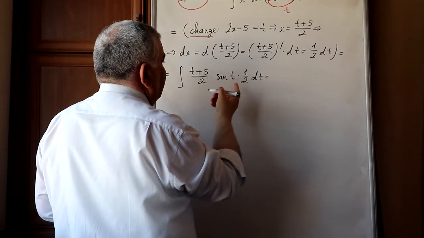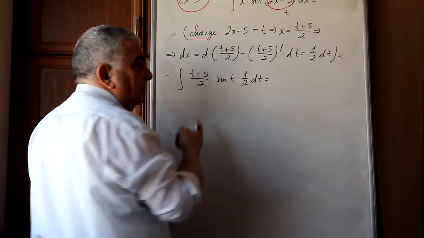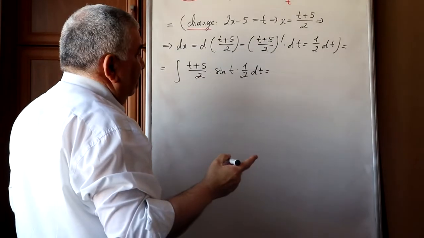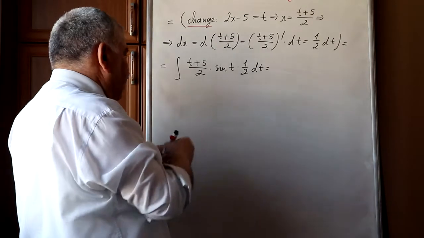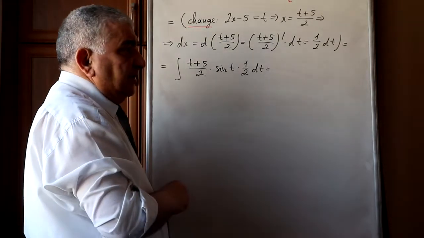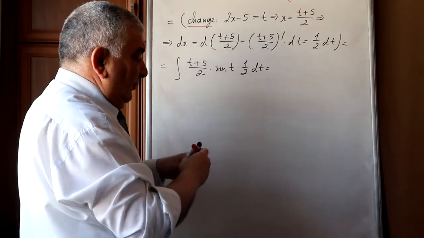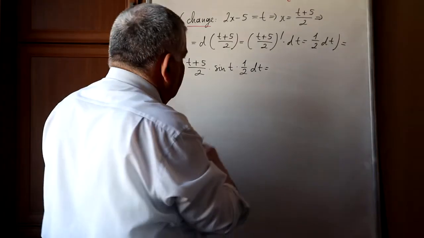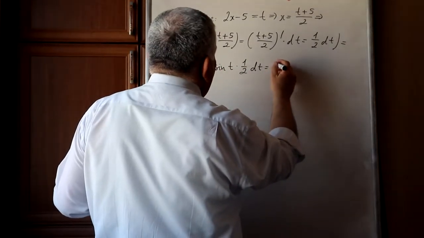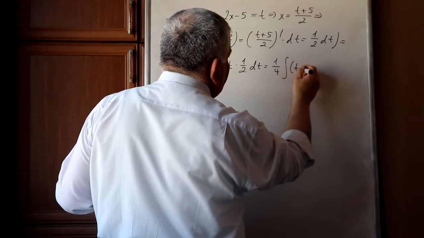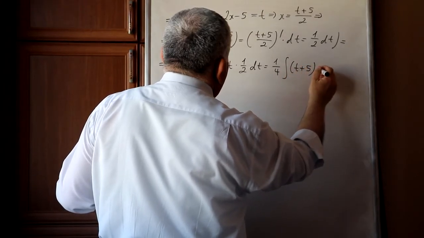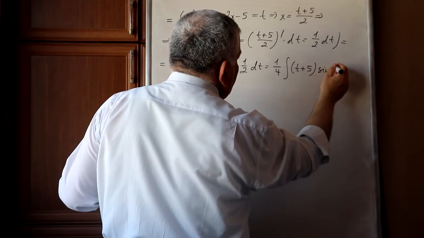Here 1/2 and here 1/2 are the constant factors, and we can take them out of the integral symbol, and then we will obtain 1/4 multiplied by the integral of (t plus 5) sine t dt.